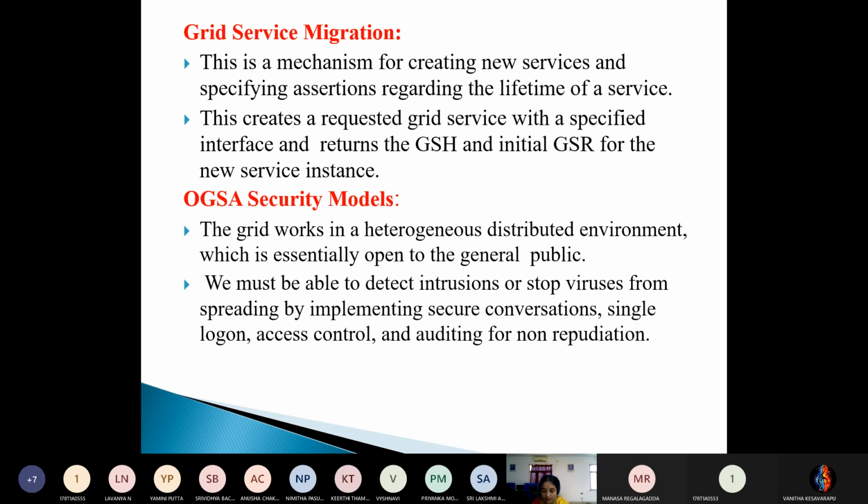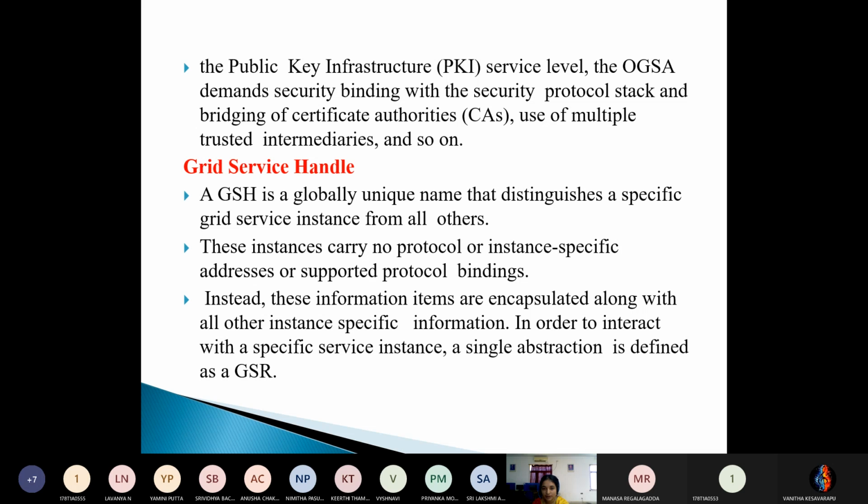In this grid, we have security policy and user levels. We want to apply service or endpoint policies, resource mapping rules, authorized access to critical resources, and privacy protections. At the service level we use PKI, public key infrastructure.